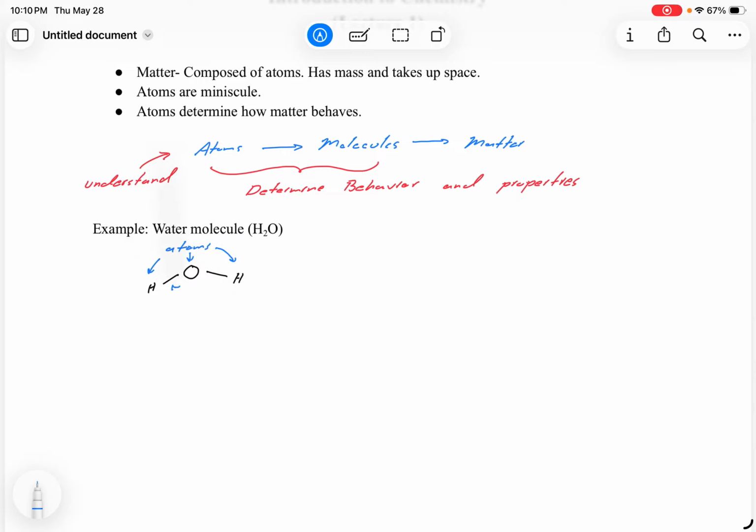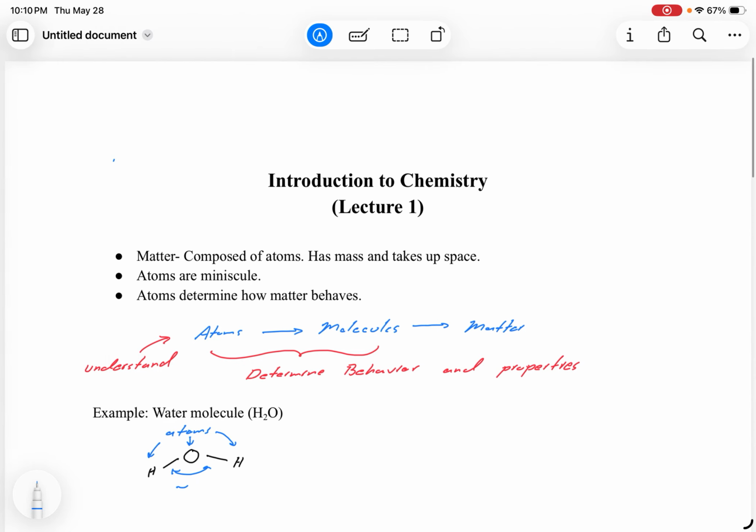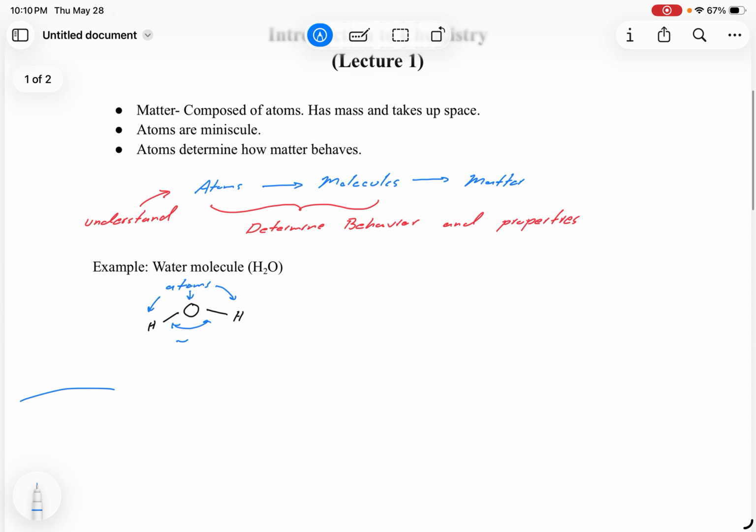And the angle between them, if you were to get a really microscopic protractor and put it right here, would be roughly 105 degrees.